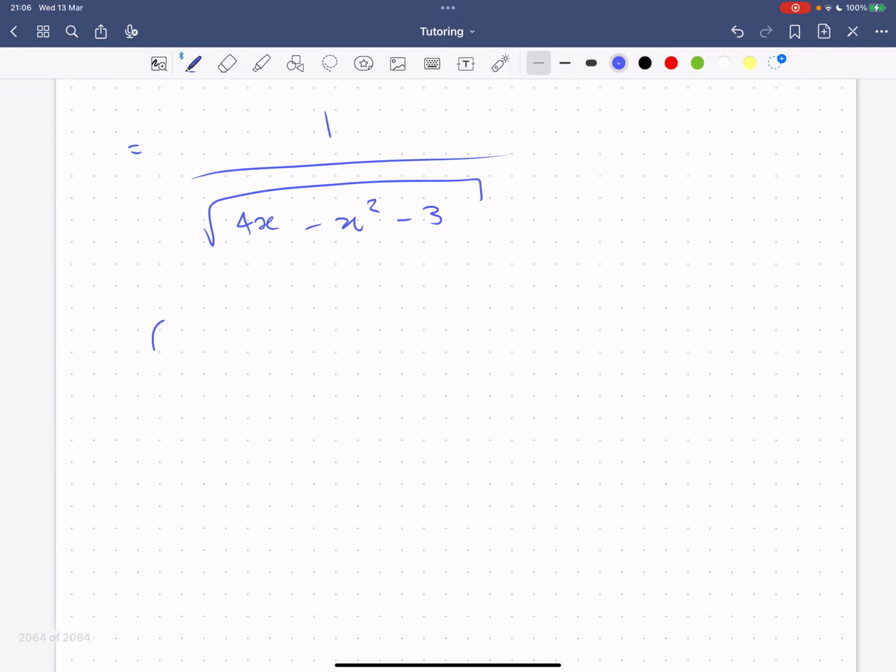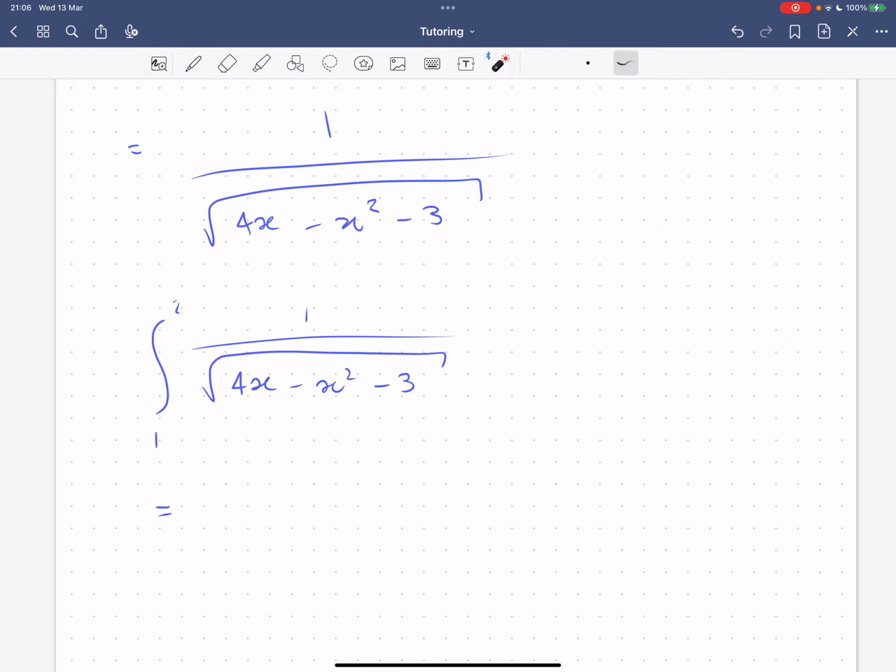So if we wanted to know the integral from 1 to 2 of 1 over the square root of 4x minus x squared minus 3, well, we already know that the differentiation of cos inverse of 2 minus x is this.